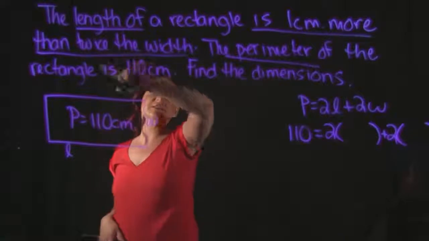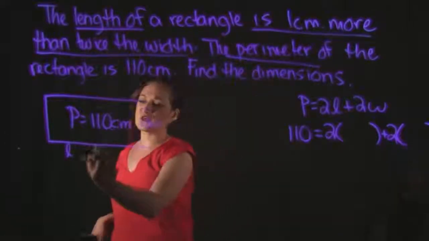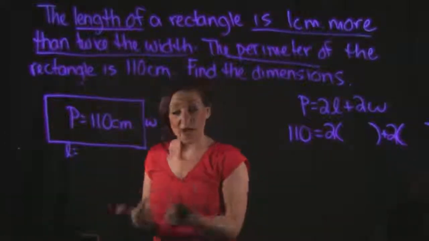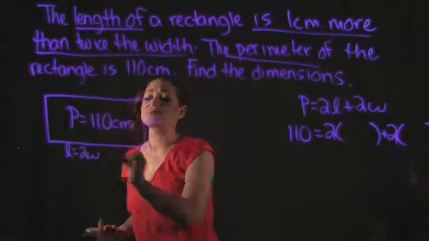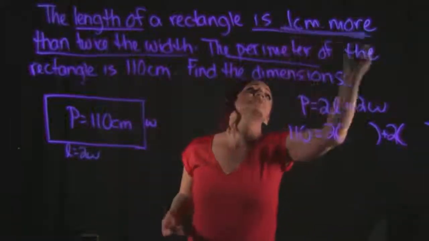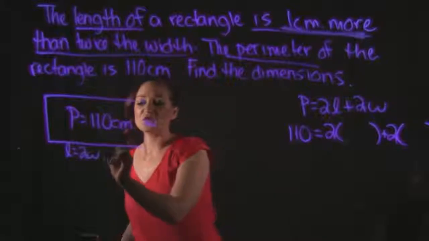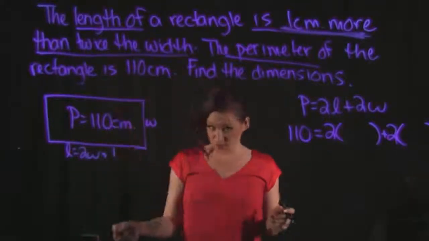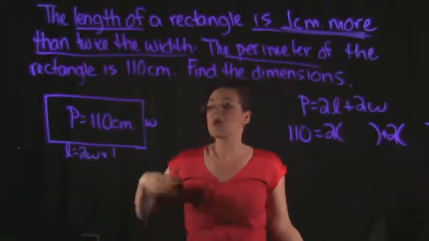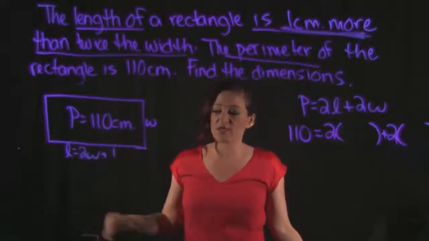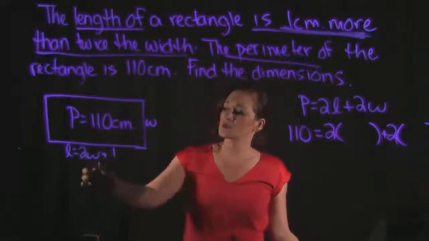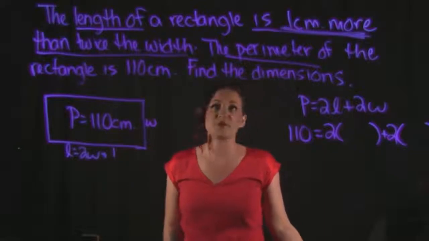So it says the length is, so L is twice the width, so 2 times W, but I want 1 centimeter more than that. So I'm just going to tack on 1 extra centimeter to twice that width, and that's what the length is. The length is 2W plus 1, because I want twice the width plus an additional centimeter.